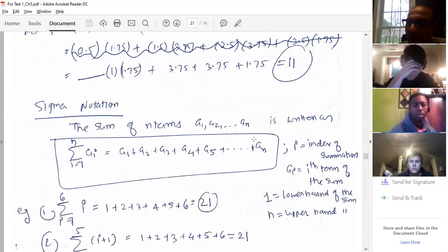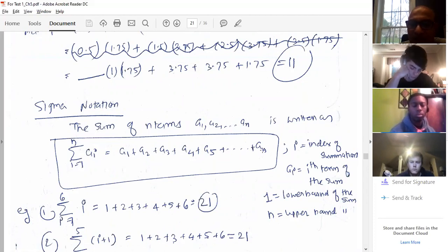Yesterday I told you to remember or to go through the summation notation. Summation of a_i equals a_1 plus a_2 plus a_3 plus a_4 up to a_n, because if you replace i by different numbers, 1, then 2, because i runs from 1 to n. So 1, 2, 3, 4, 5 up to n, and summation means addition.